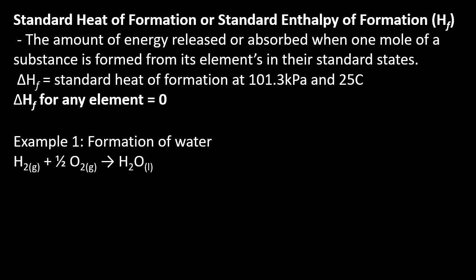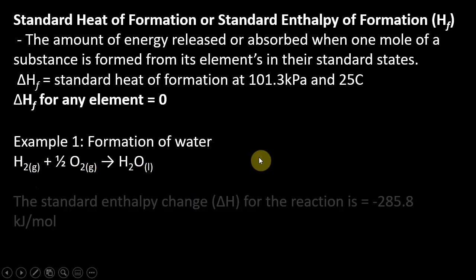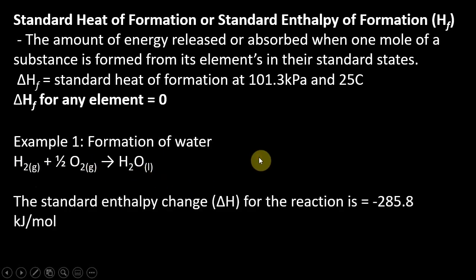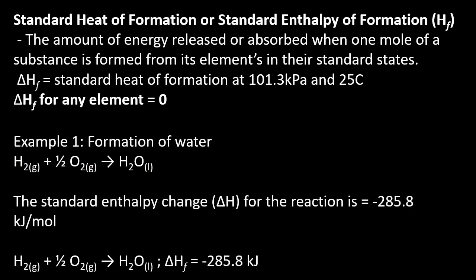So if we have this example for the heat of formation for water, water is made up of hydrogen and oxygen to give us the water, and then the delta H for this is simply negative 285.8 kilojoules per mole. If we were to write it with the equation, it's generally given in this form, with a semicolon after the reaction, and then delta H naught F at minus 285.8 kilojoules.